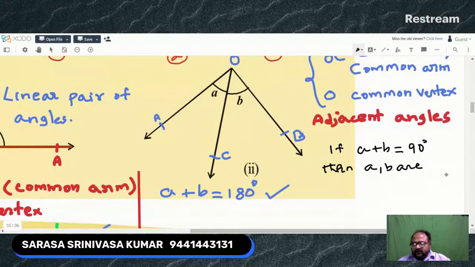Students should take this as an activity. You take your textbook and measure the angles.